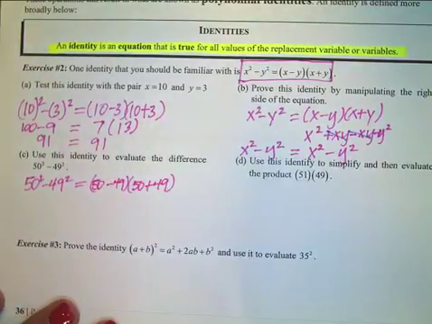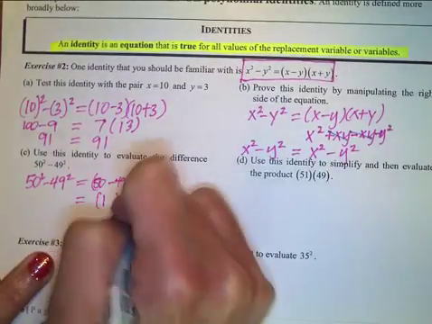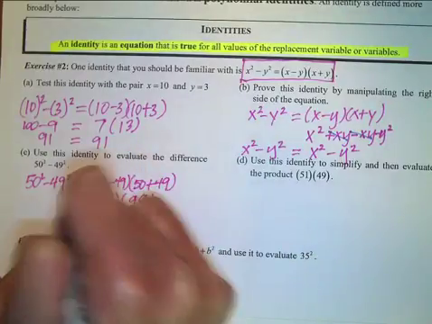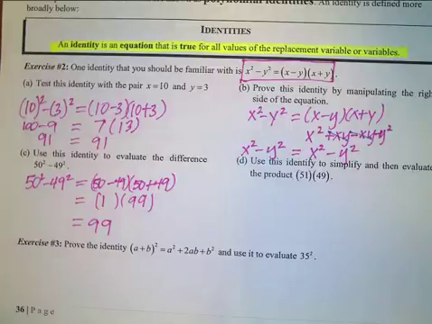Okay? So, what is 50 minus 49? 1 times 99 equals 99. Well, did you know that when we wrote it down? If you want to make sure, plug that in the calculator. I didn't know that. That's pretty cool.